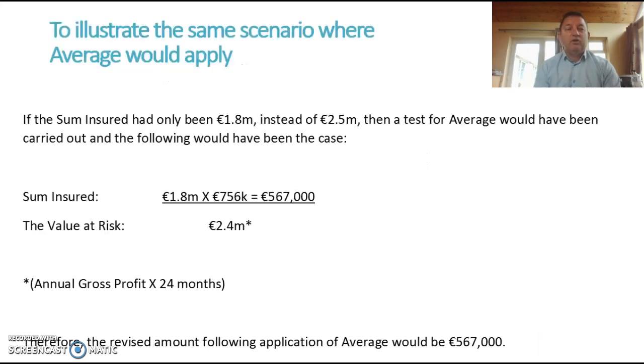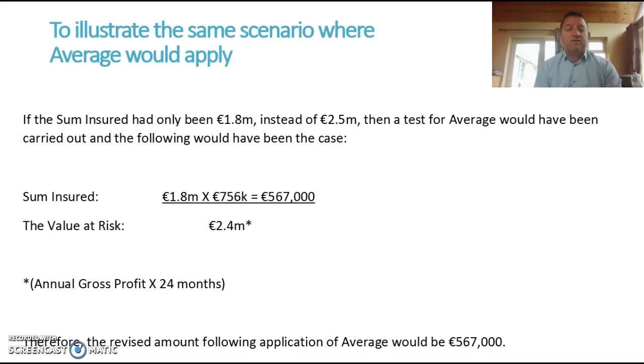Let's just have a look to illustrate the same scenario where average would apply. So if the sum insured had only been 1.8 million instead of the 2.5 million, then the test for average would have been as follows. The sum insured, 1.8 million, multiplied by the loss, which is 756,000, divided by the value at risk, which is the 24 months annual gross profit, or gross profit for 2 years.